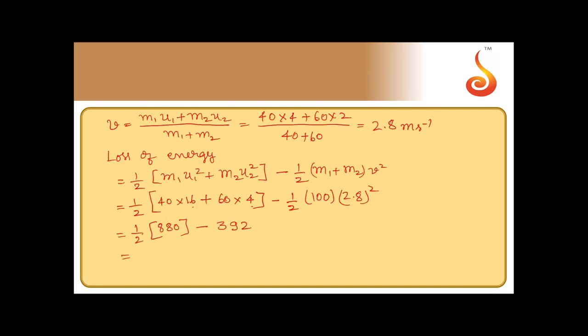So this will be 440 minus 392, that is equal to 48 joule. So that is option D.